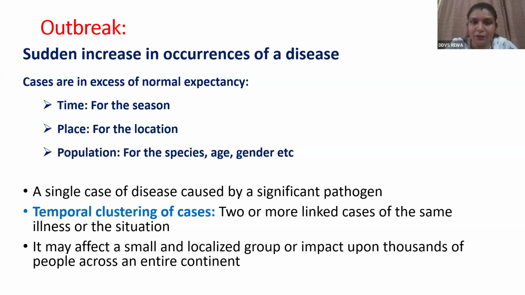Even a single case of a new pathogen or a new disease may be referred to as an outbreak condition. In most outbreak situations, there is a linkage of two or more cases, and we see temporal clustering of cases in a particular place. An outbreak may occur in a small or localized number of individuals or population, or it may involve many individuals, many countries, or even a continent.